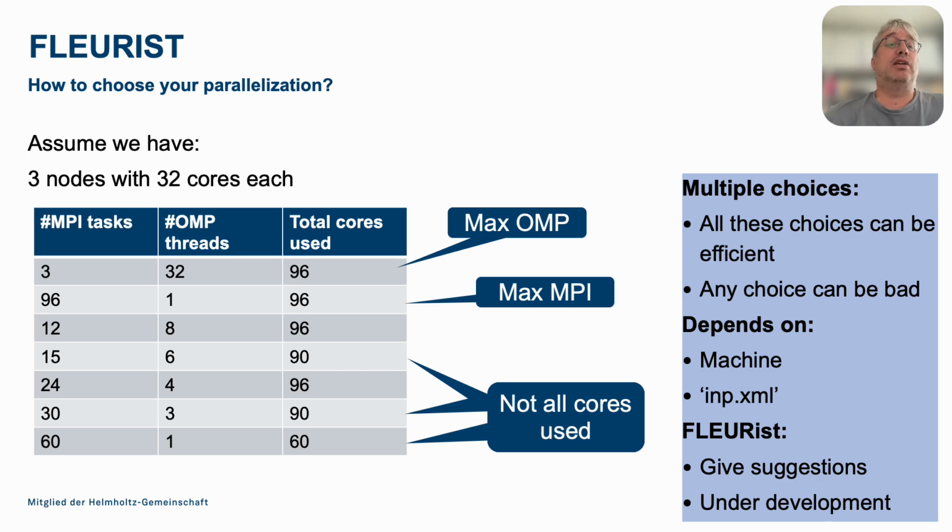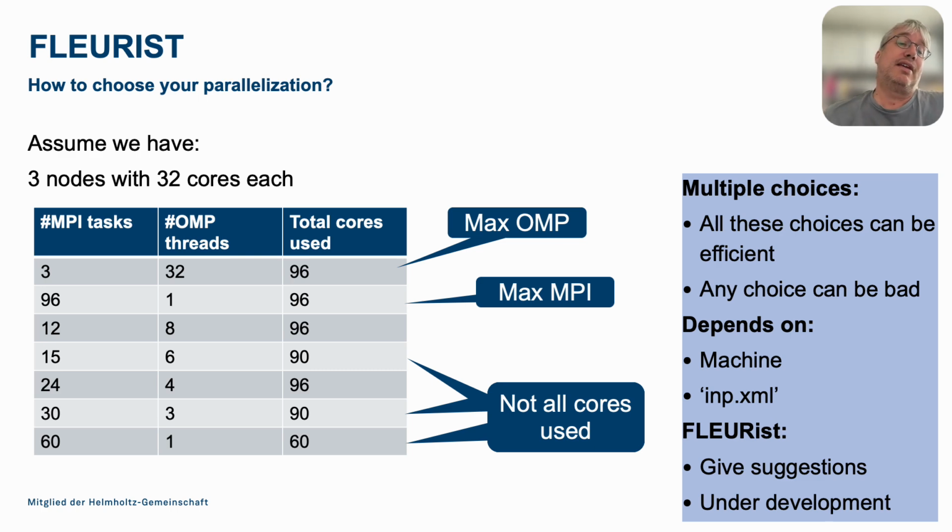You could, of course, also say we need all the cores for MPI tasks and don't do any OpenMP, and you have the maximum of MPI. Or you can do something in between, which also might lead to situations where you actually don't use all the cores, but only slightly fewer cores are used.